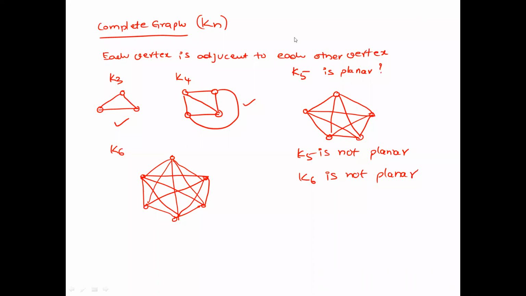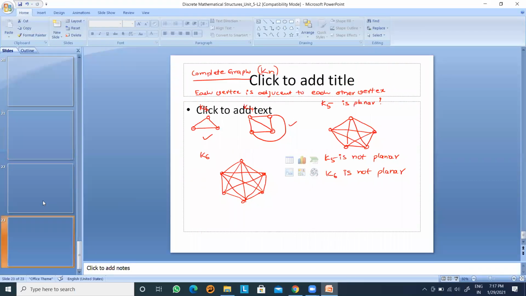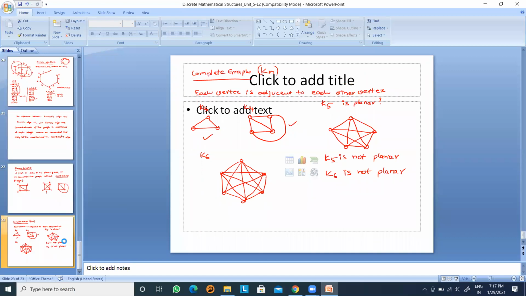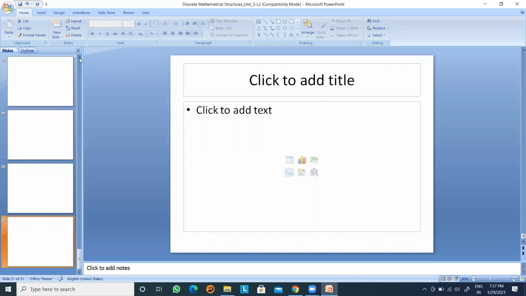Right. Now, there is one more type of graph. This type also let me introduce: complete bipartite graph.